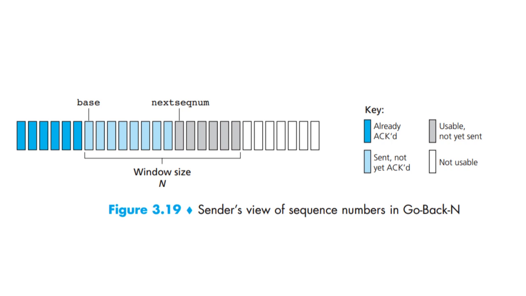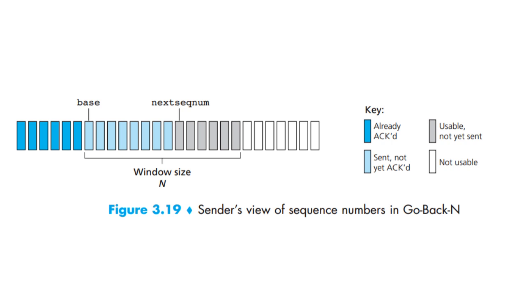The figure shows the sender's view of the range of sequence numbers in a Go-Back-N protocol. If we define base to be the sequence number of the oldest unacknowledged packet and nextseqnum to be the smallest unused sequence number, that is, the sequence number of the next packet to be sent, then four intervals in the range of sequence numbers can be identified. Numbers in the interval [0, base-1] correspond to packets that have already been transmitted and acknowledged.